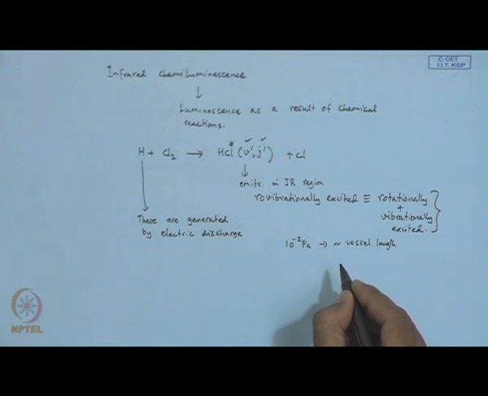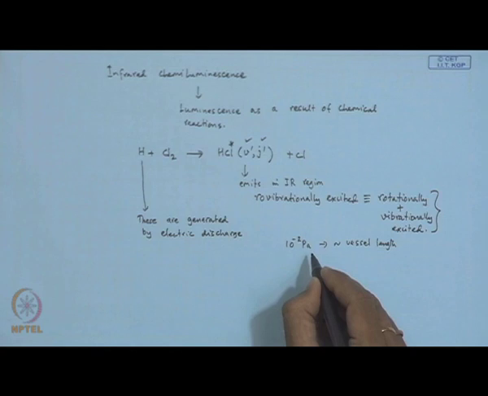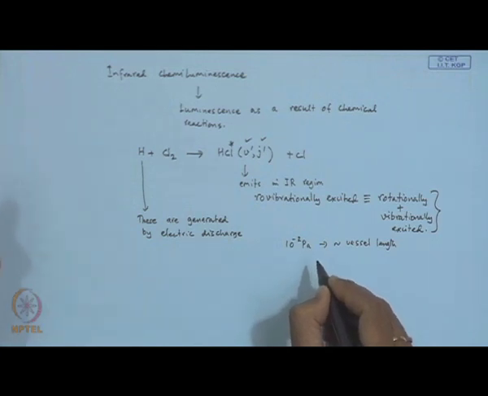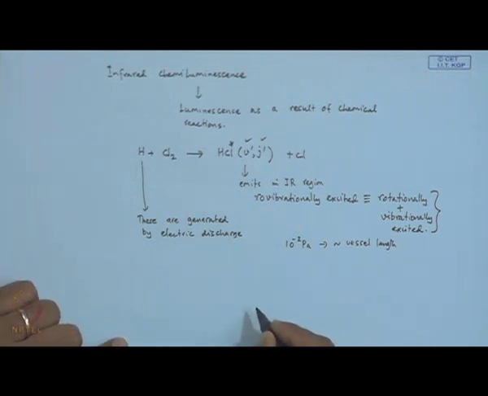So this is one way. You have to ensure that low enough pressure is there, so that the mean free path is about the vessel size, HCl hits the wall and then sticks and is deactivated before any secondary collision. Deactivated means it is emitting IR photons.